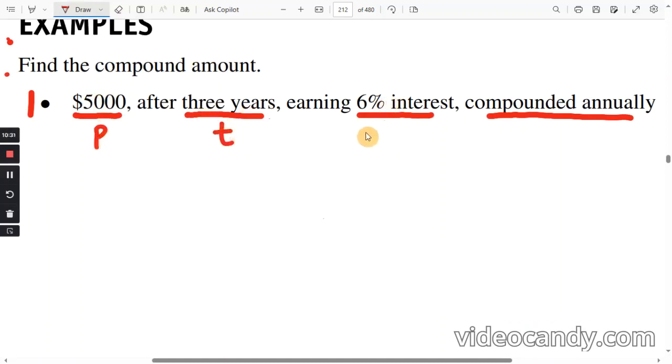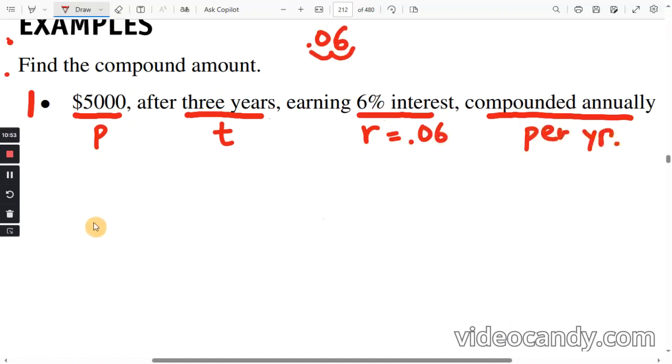The 6% is the interest rate, but we need to convert that 6 to a decimal. If you take the number 6 and move the decimal to the left 2 places, that's 0.06. And compounded annually just means per year.